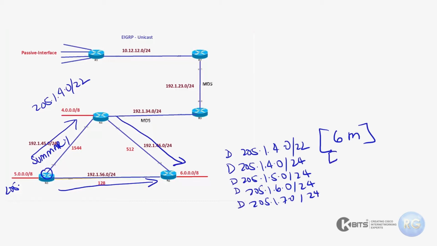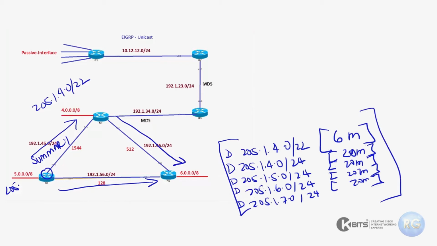What's the cost over here for these? These are all 20 million. Right? All of them will be in the routing table. I sit on R6 and I ping 205.1.4.1.